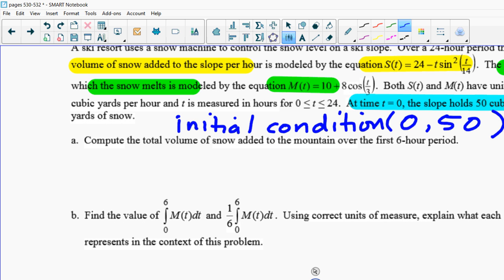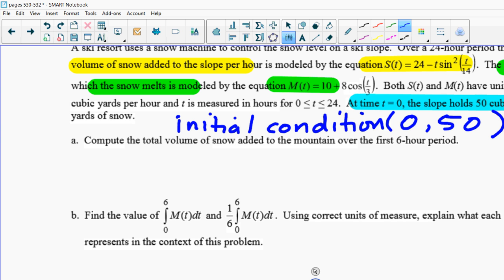Look at A. Compute the total volume of snow added to the mountain over the first 6-hour period. Now think about what you've got to do here. Am I going to use S of t, or M of t, or both? Just S of t, because I want to know how much was added.